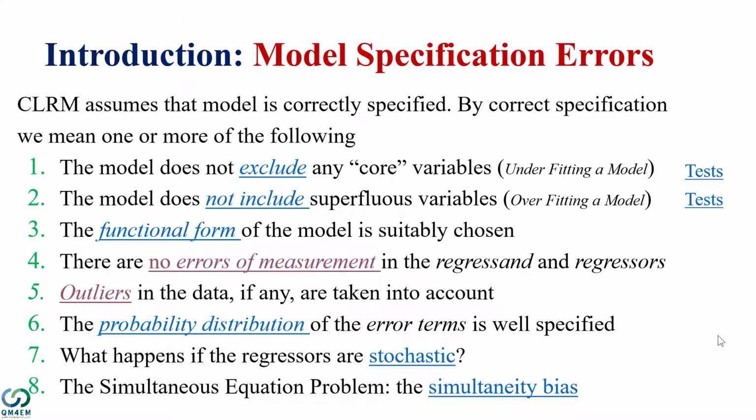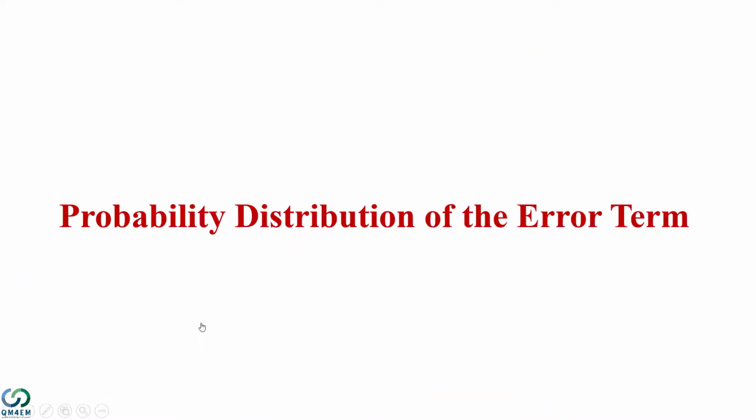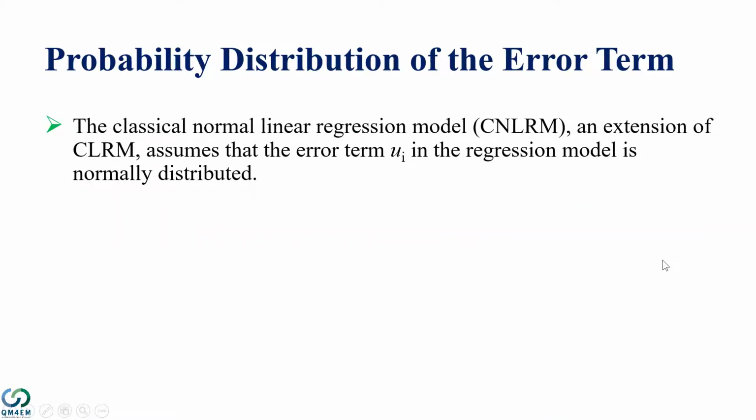Probability distribution of the error term. When we consider the classical linear regression model, that's the restrictive model, which has just 7 assumptions for the assurance of BLUE parameters. However, there is an extended version of this model, which we call the classical normal linear regression model. So the word normal is added to it.